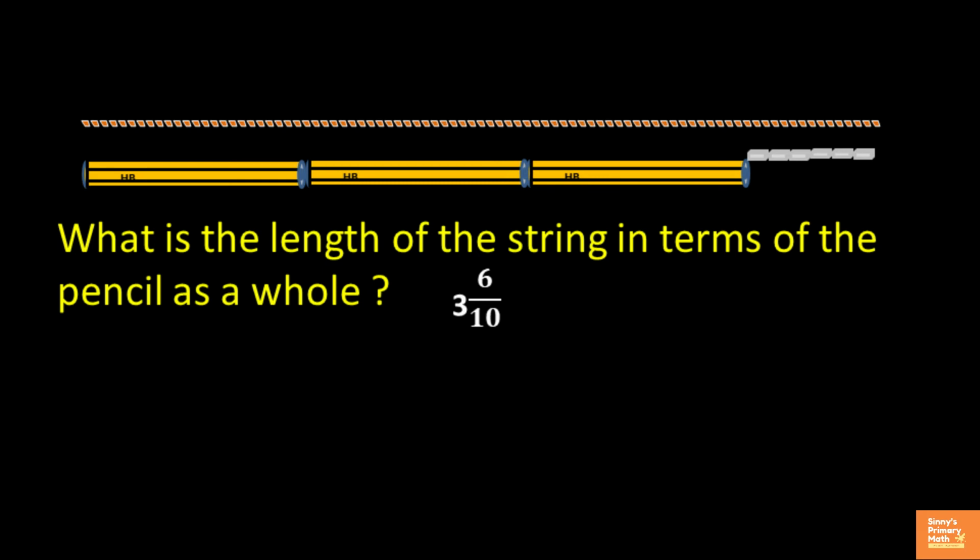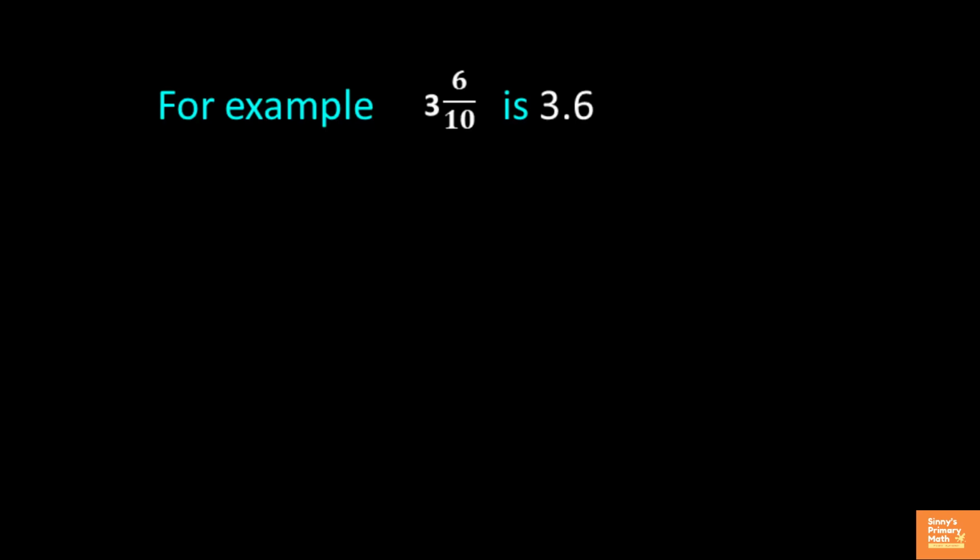3 6/10. For convenience, instead of writing 1/10 each time, we put a dot. For example, 3 6/10 is 3.6. This shows 3 ones and 6 tenths.